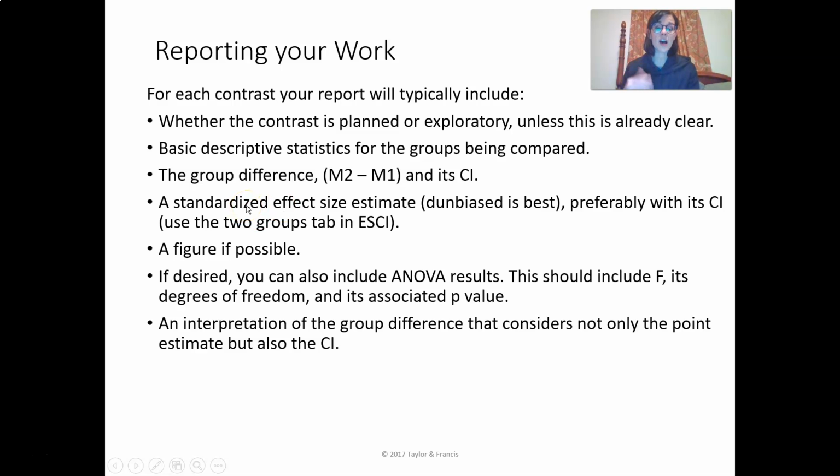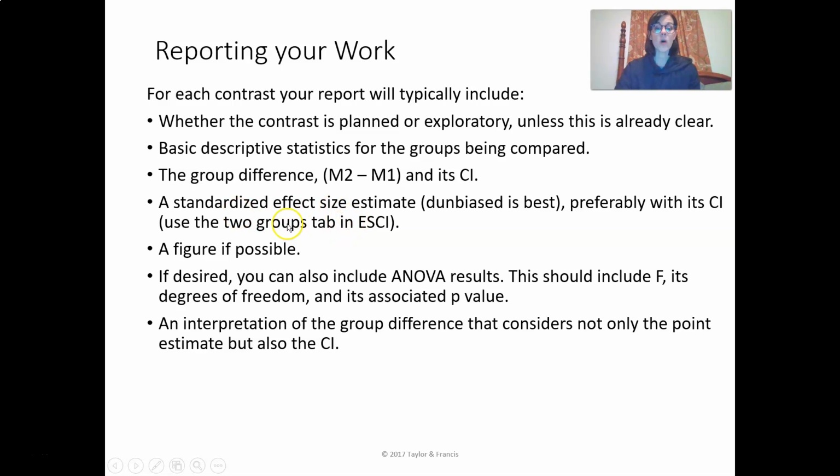Now, in terms of reporting your work, you need to indicate whether or not the contrast is planned or exploratory, unless you've made that clear. You need your basic descriptive statistics. That will be the group difference or the effect size of interest and its confidence interval.